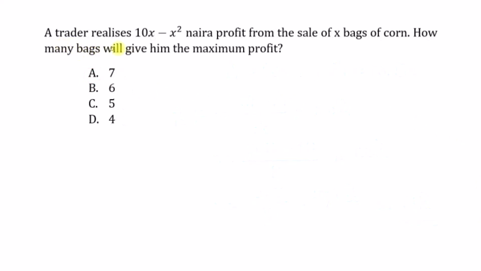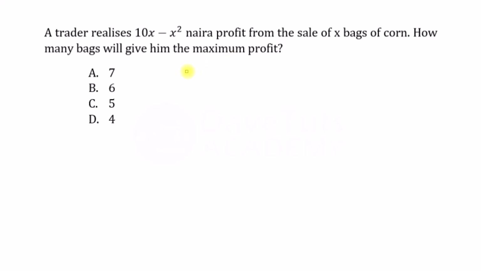Here we are told that a trader realizes 10x minus x squared naira profit from the sale of x bags of corn. How many bags will give him the maximum profit? So ideally this looks quite similar to simple interest and percentages, but we're also talking about profit and loss here.